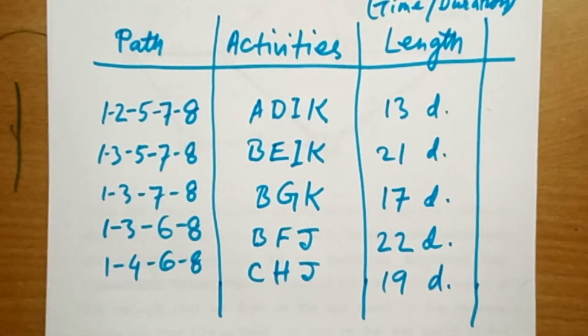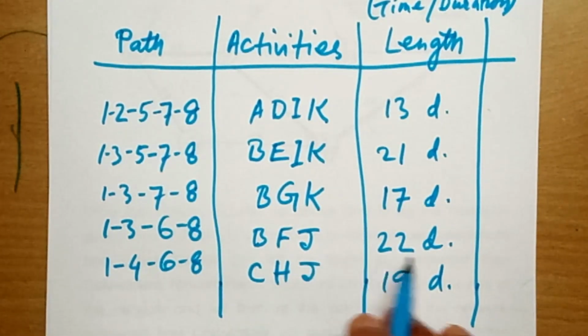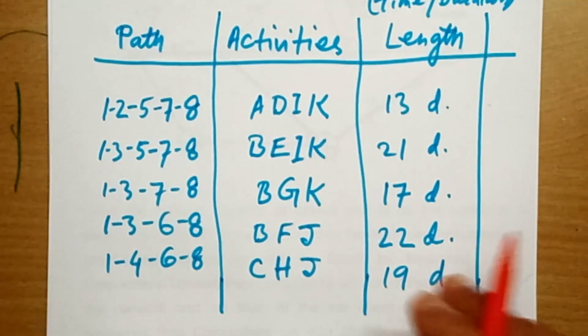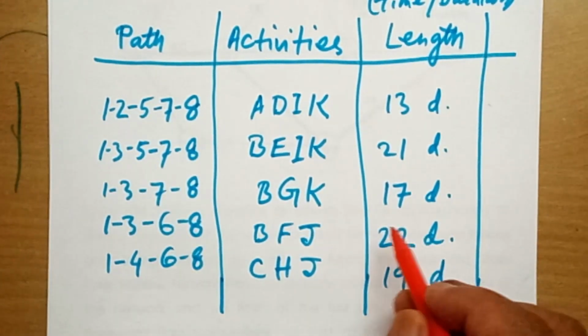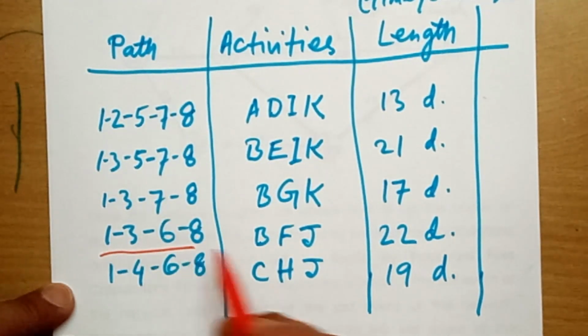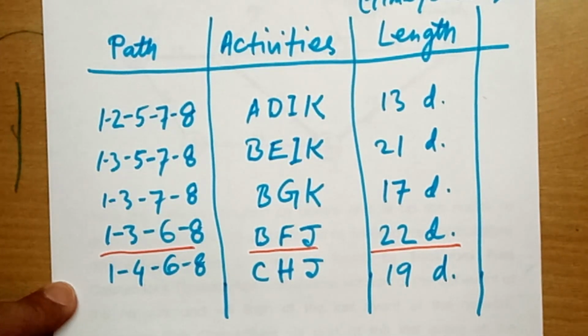Since this path 1, 3, 6, 8, BFJ has the highest number of days, maximum number of days, 22 days, this is the critical path. 1, 3, 6, 8, BFJ having 22 days is the critical path.